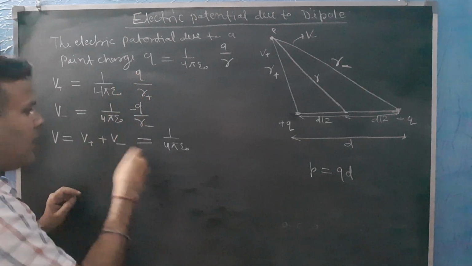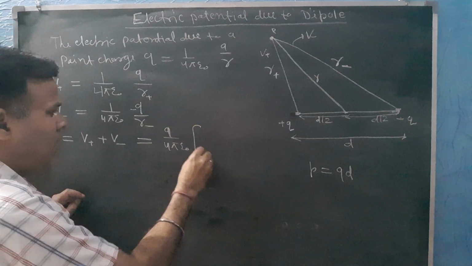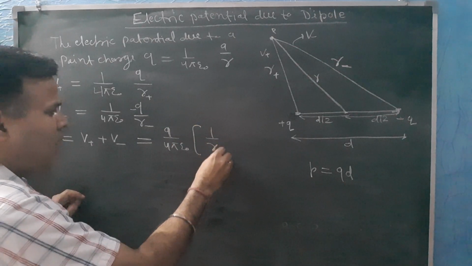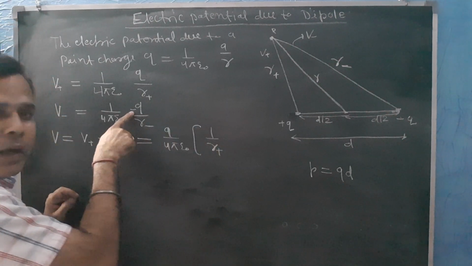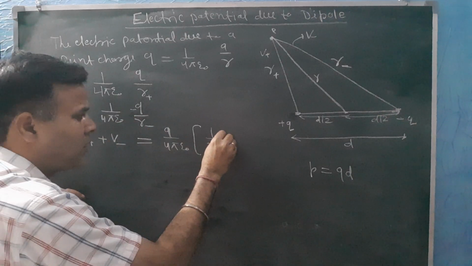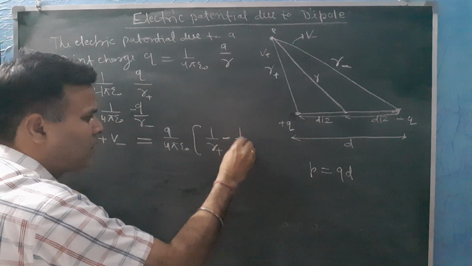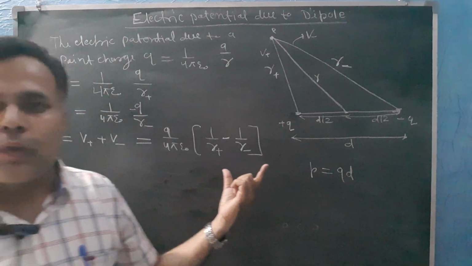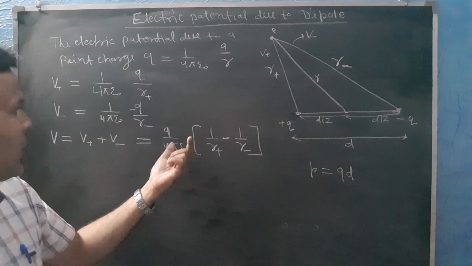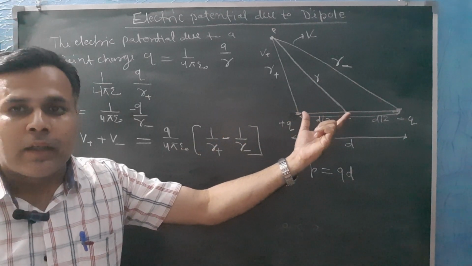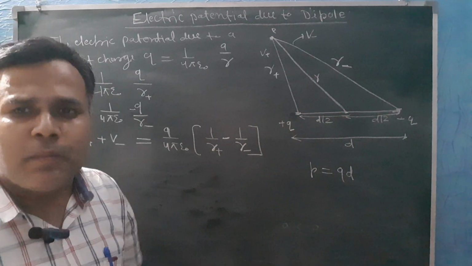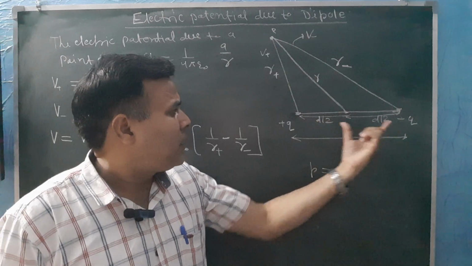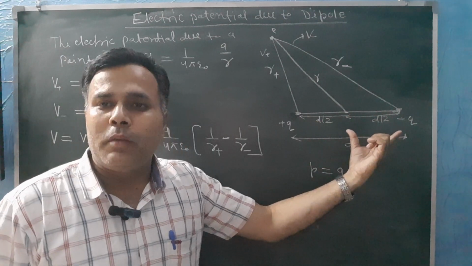So this is q times 1 by r plus, but we have a minus sign, so this is plus minus, which becomes minus 1 by r minus. So this is the profile of electric potential due to this dipole arrangement. A dipole is an arrangement in which two charges, plus and minus q, are separated by a certain distance.